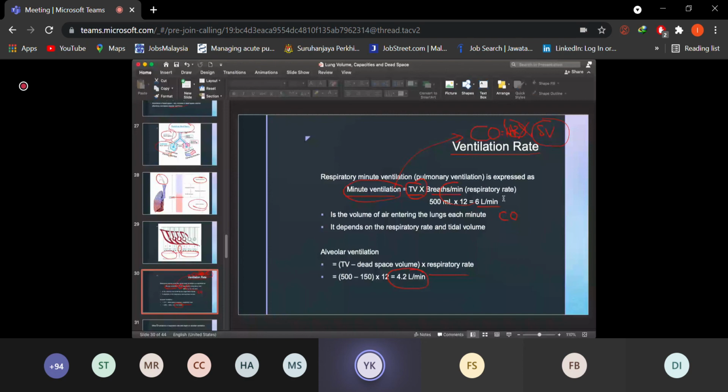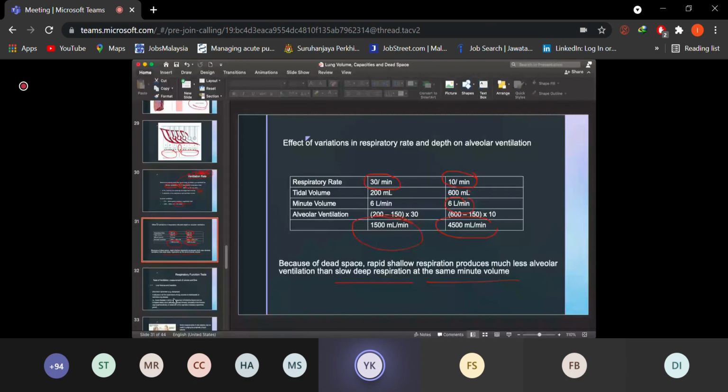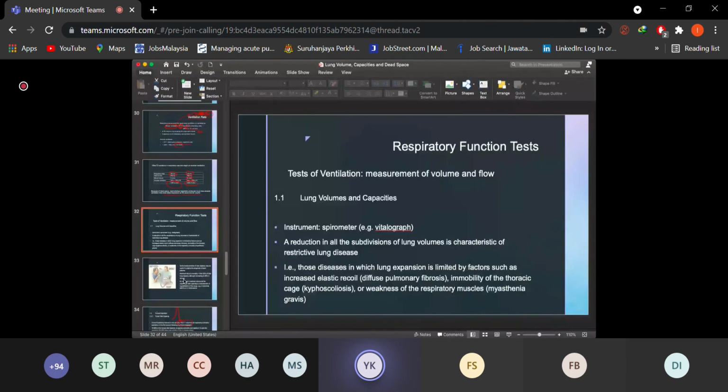And okay, respiratory function tests. Now you saw there are a few tests here. What's so important about the tests? I list them out and emphasize which ones are important.